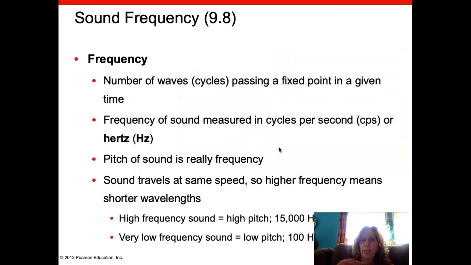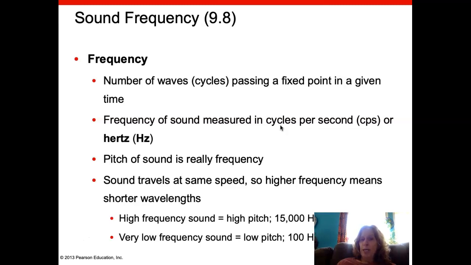Well, the frequency of the wave is the number passing a fixed point in a given time. So the frequency of sound is measured in cycles per second, or hertz. You've probably heard of hertz. The pitch of the sound is really the frequency. Sound waves all travel at the same speed, so higher frequency means shorter wavelengths.